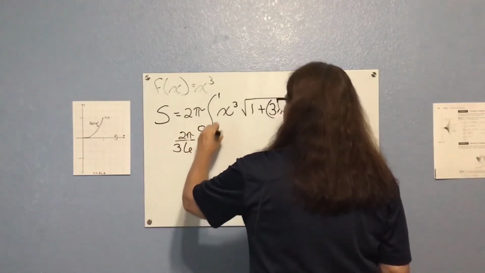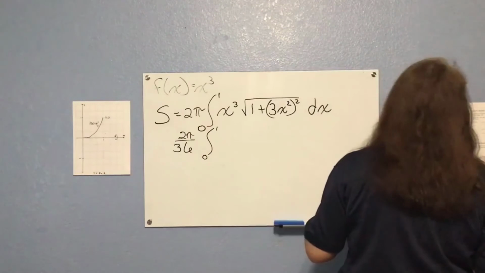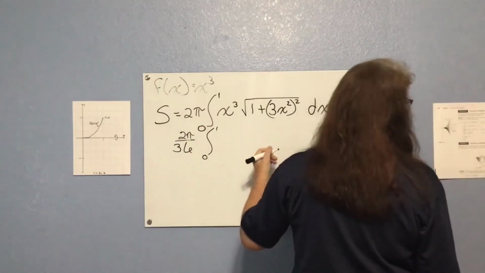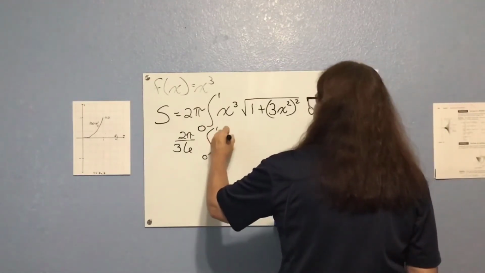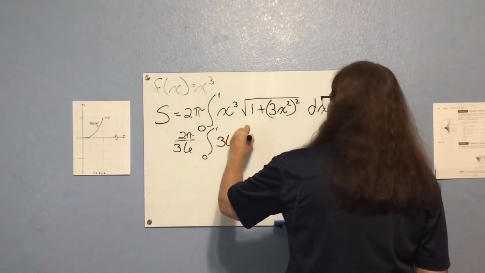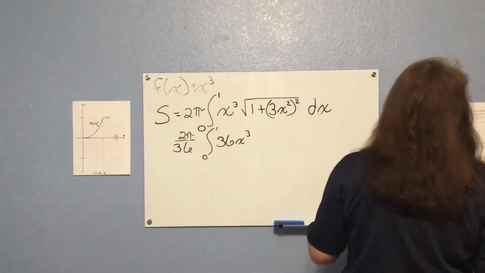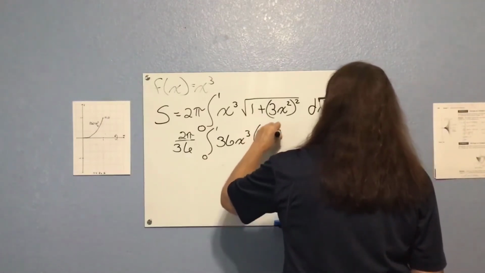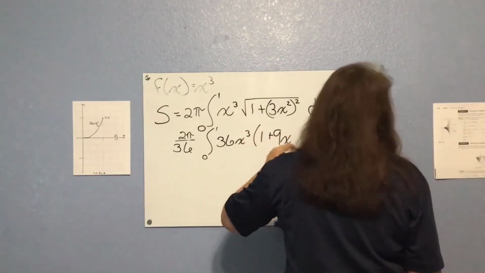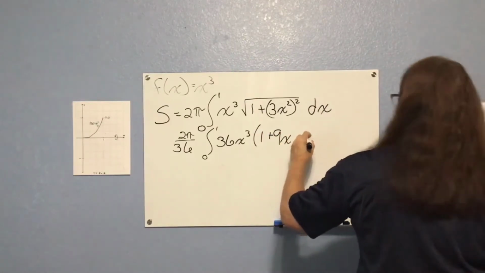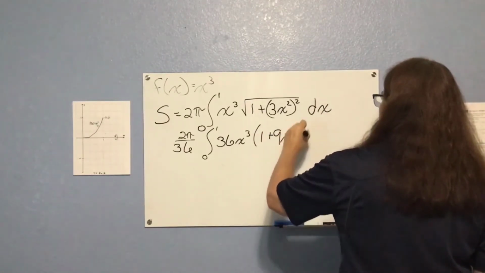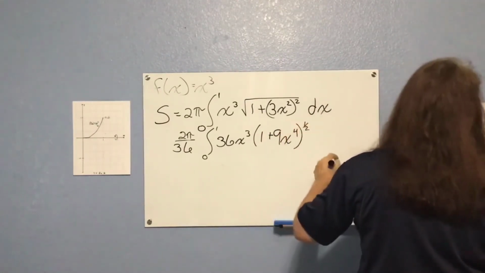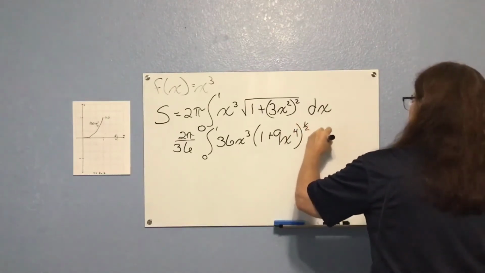And now I can have inside the integral the 36x cubed. And this is 1 plus 9x to the 4th to the 1/2, that's our square root, dx.